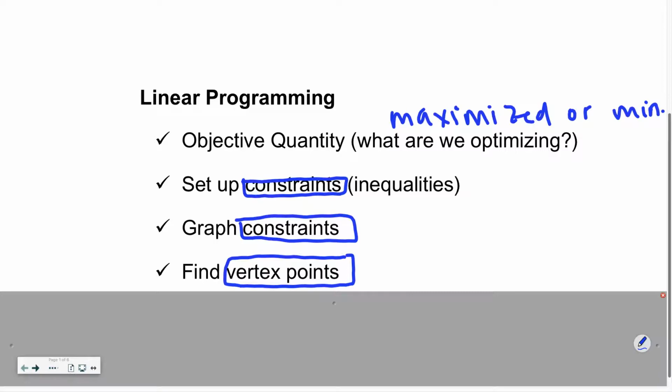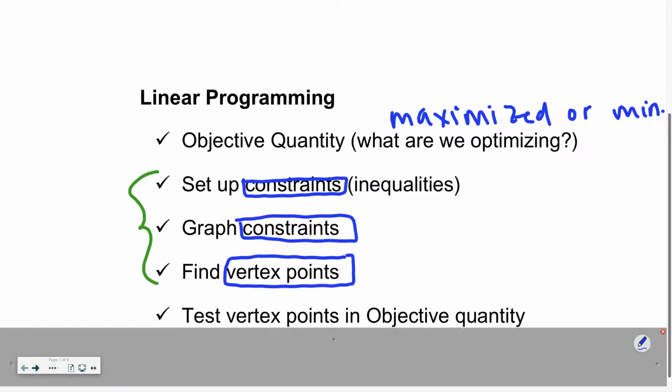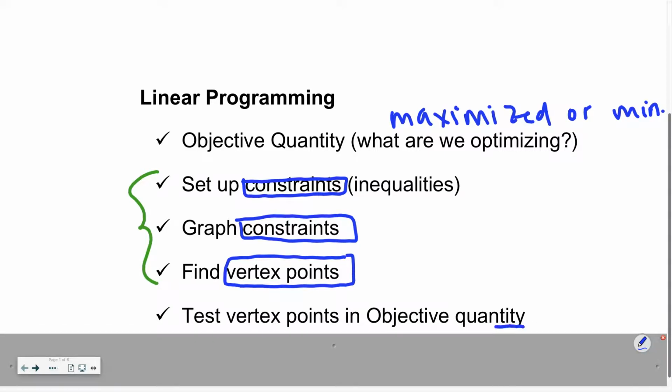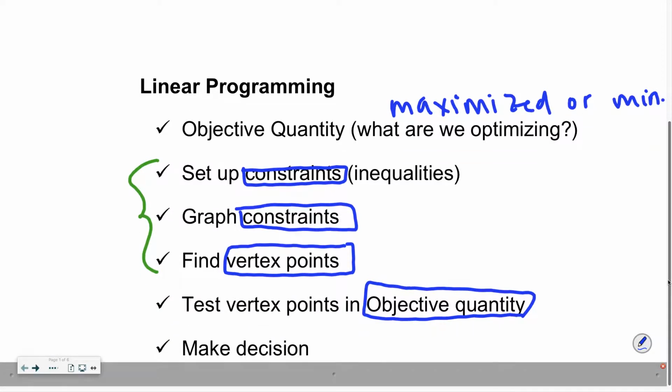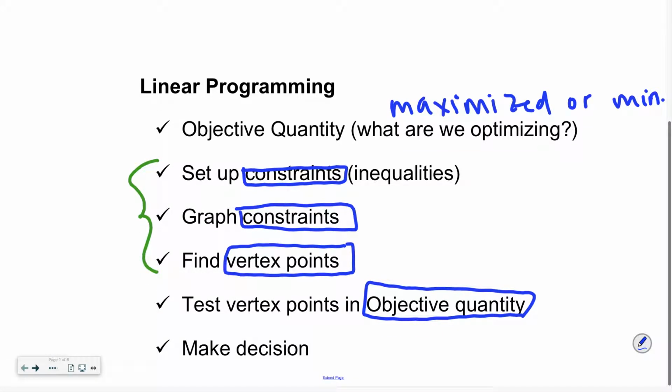Okay, so right here, this is everything that we did yesterday. But we have a step before, set up the objective quantity. What are we minimizing or maximizing? Well then we're going to take those vertex points and plug them into the objective quantity so that we can make a decision based on maximizing or minimizing.